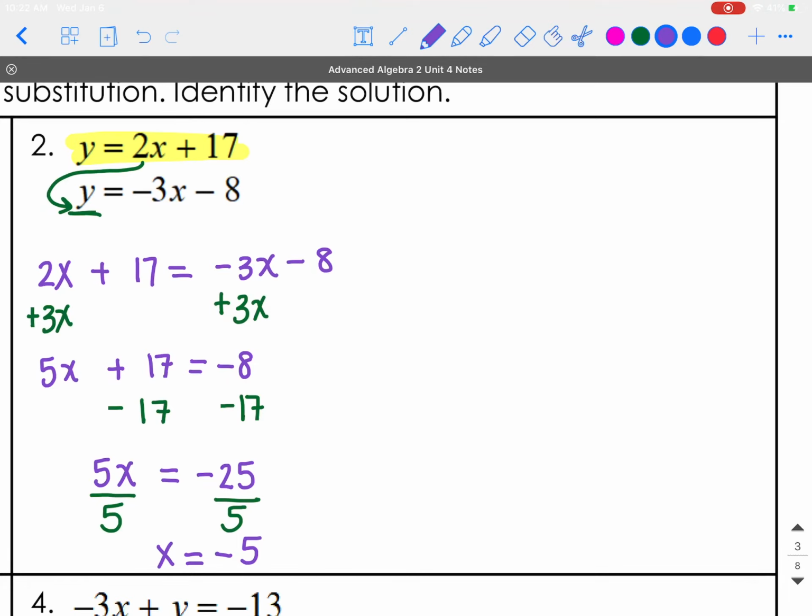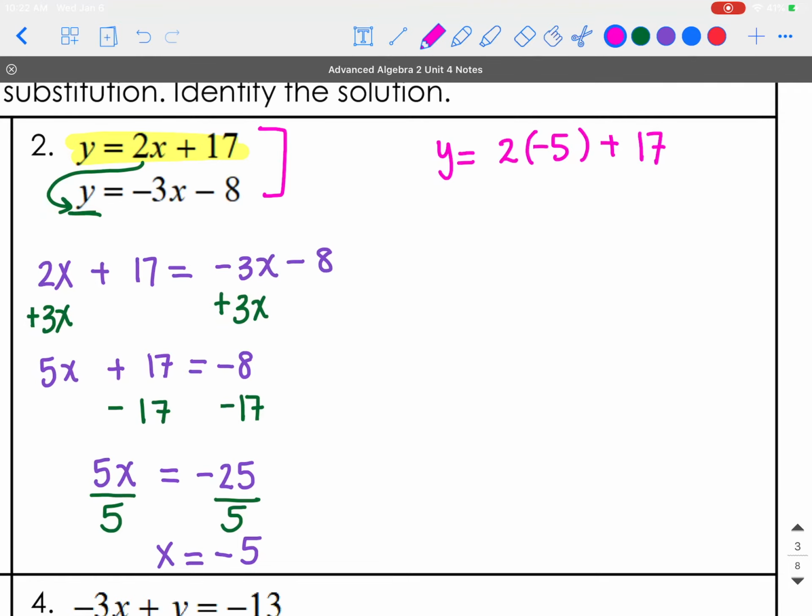So I have my x. Now I have to find the y. I'm going to take that negative 5, and I can pick either of the original equations. It doesn't matter, so let's just pick the first one. I'm going to replace the x with negative 5 because I just found that x is negative 5.